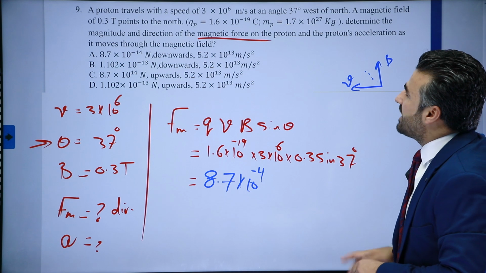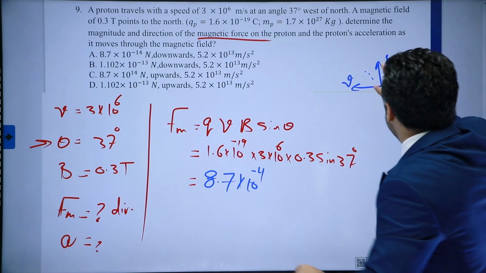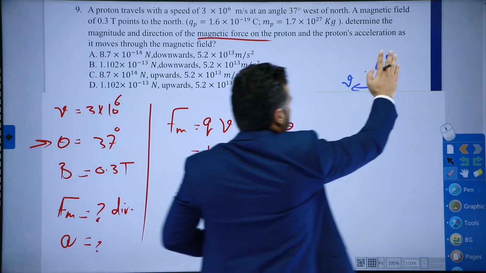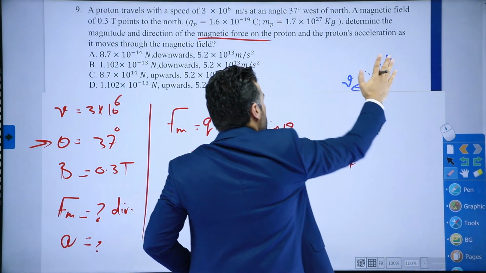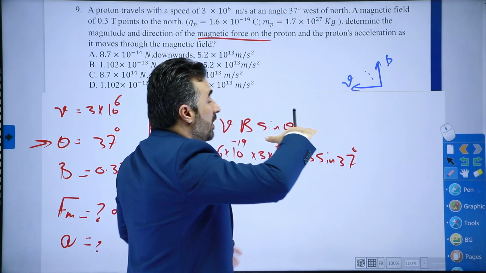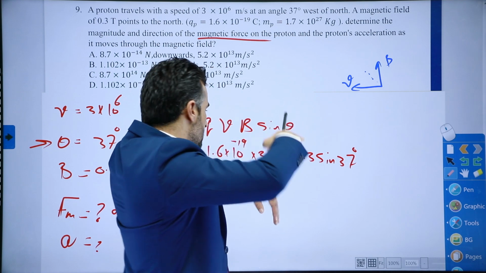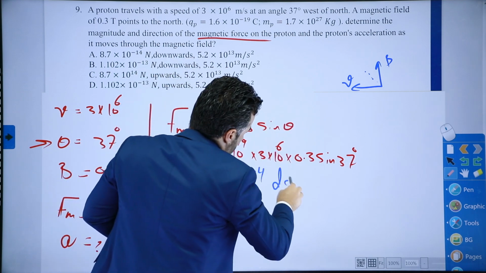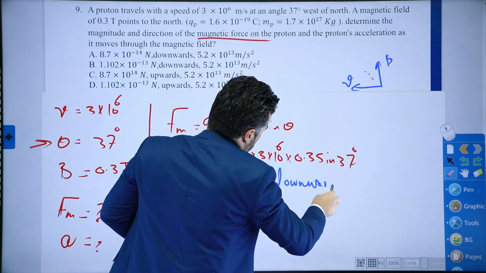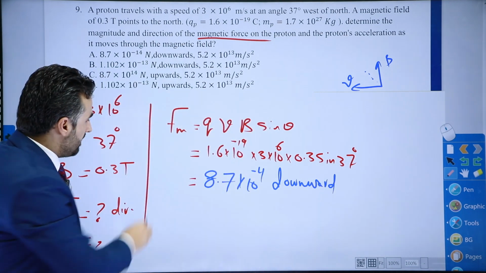What is the magnetic force? It is a proton, so with the field and the motion as shown, the force is going into the page. But if we're given north and south, it is going to be downward here. That is the magnetic force.